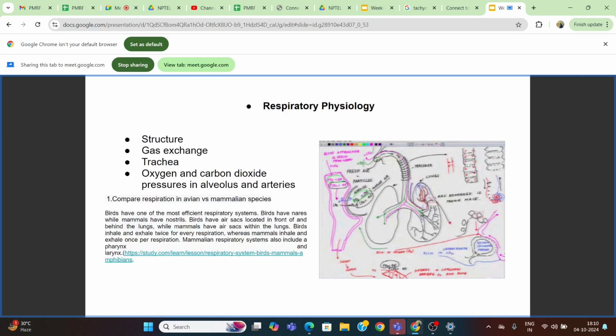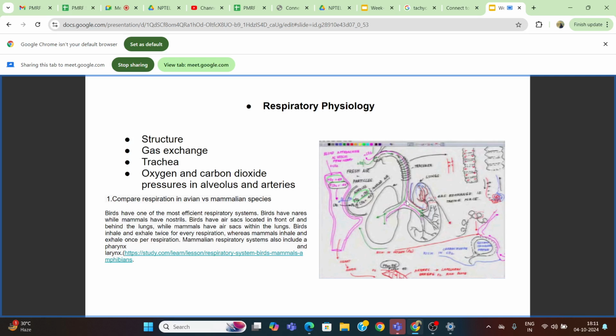Okay. So, what is respiratory physiology? We know that we have a nose, and through the nose we take in air. The fresh air will go down a long windpipe called the trachea. The trachea is encircled by C-shaped rings of cartilage. The trachea is very big in size.